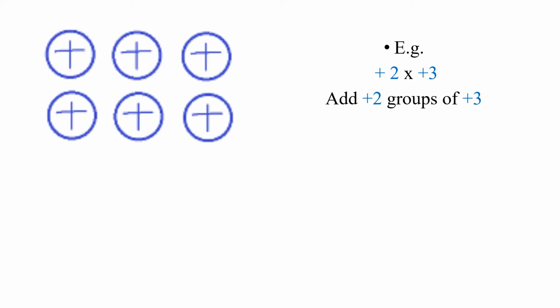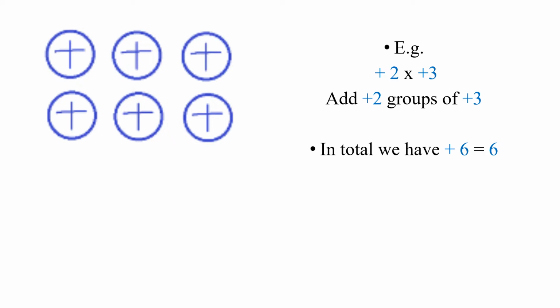So how much do I have altogether? Plus 6 or just 6. Because remember, with positive numbers, it's accepted to leave out the positive sign, right? So plus 6 is equal to just 6. All right, what do you all think about that? Is 2 times 3 equal to 6? Yes, and now we have a method using groups that can help solve questions of this type, right?